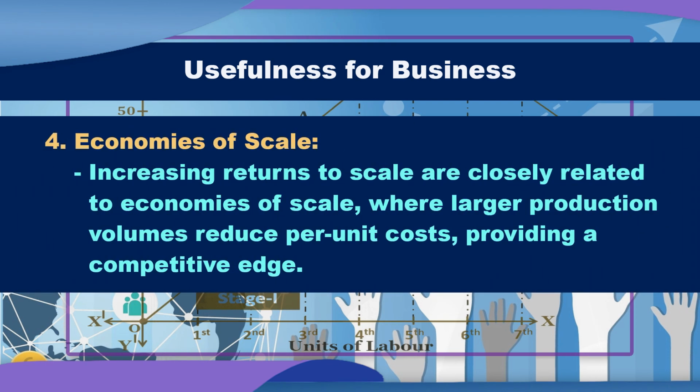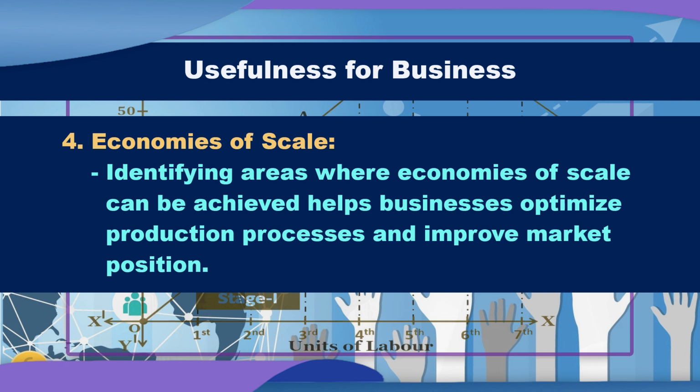Economies of scale. Increasing returns to scale are closely related to economies of scale, where larger production volumes reduce per unit costs, providing a competitive edge. Identifying areas where economies of scale can be achieved helps businesses optimize production process and improve market position.